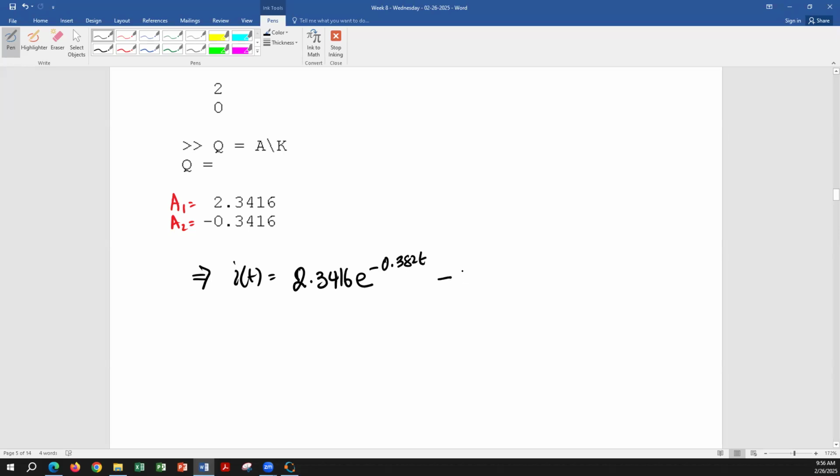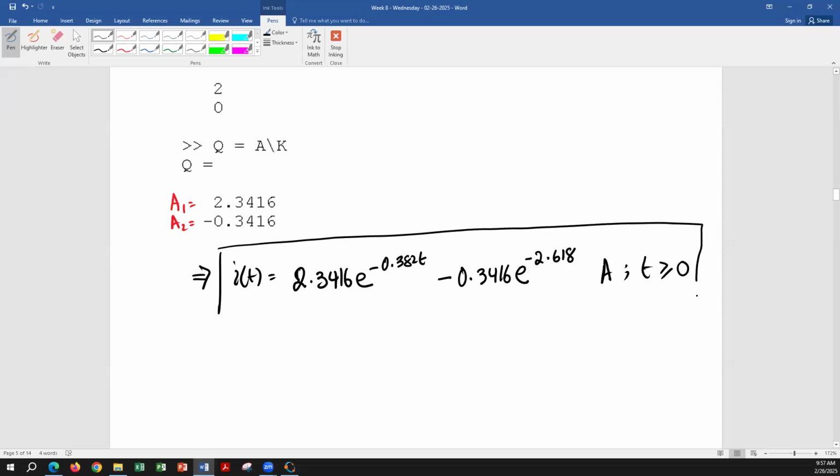And then my A2 is negative 0.3416 e to the power negative 2.6182t ampere for t greater or equal to 0. That's the current passing through the inductor.